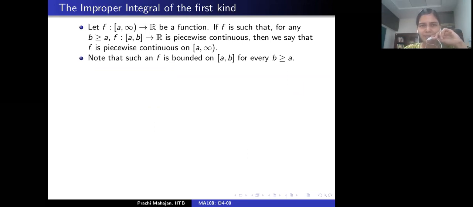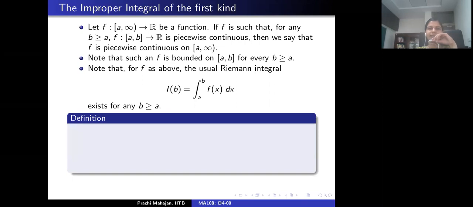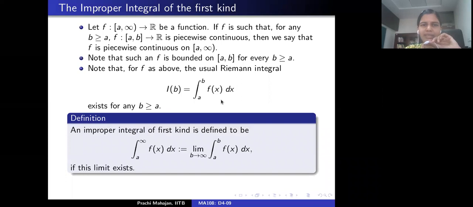Now, why am I suddenly interested in piecewise continuous functions? For piecewise continuous functions, the usual Riemann integral exists. We don't have to worry about integrability. Now, suddenly it is of concern how we define an integral of the form a to infinity.